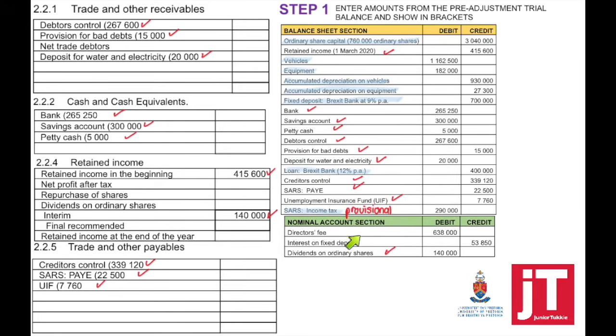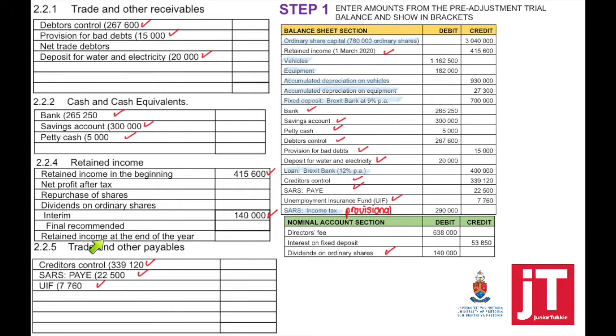If you look at SARS income tax, please remember this is always your provisional tax payment. So I still need to calculate, do we owe SARS or does SARS owe us? And this can either be in trade and other receivables or trade and other payables. If we look at dividends on ordinary shares, this represents the interim dividends that were paid.